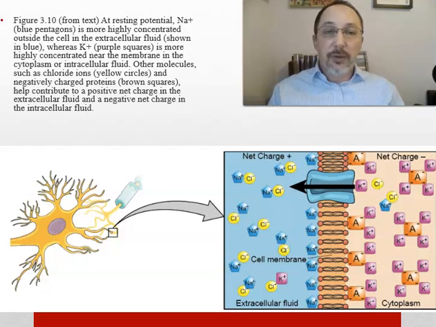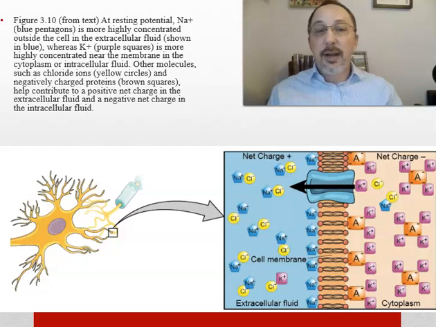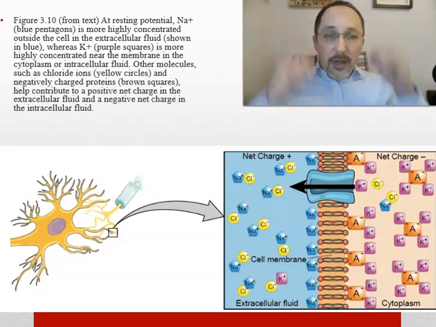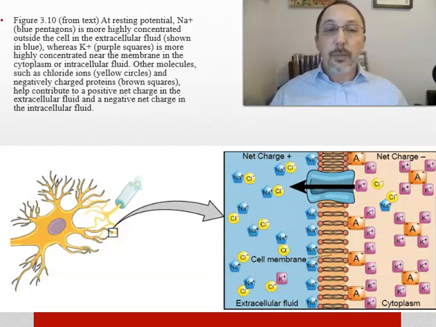And potassium now wants to rush out because you have way more positive inside than outside. And you also have this gradient. It's a very complicated combination of things and a very complicated balance. It is complicated because you have two gradients in place, concentration and charge, which leads to some of this difficulty.